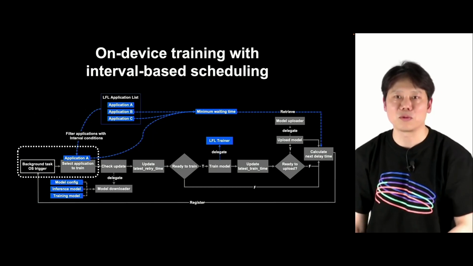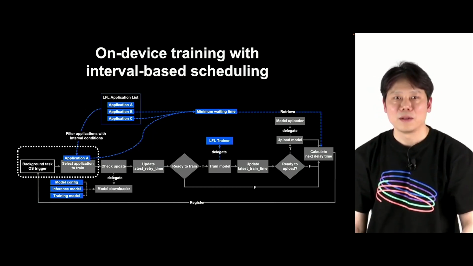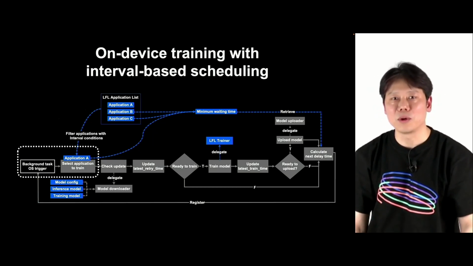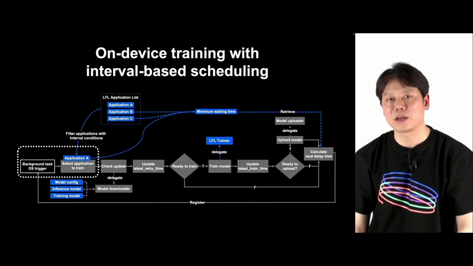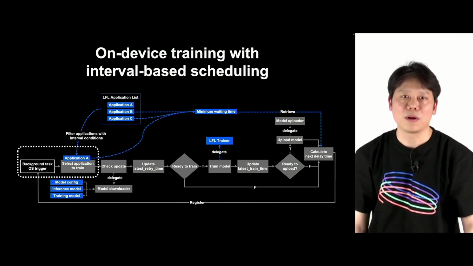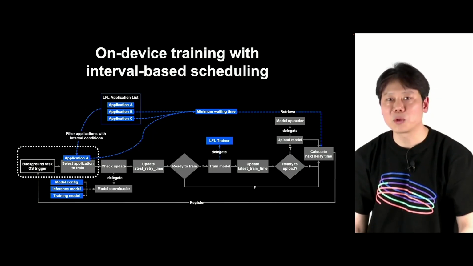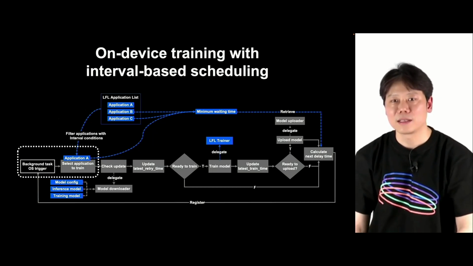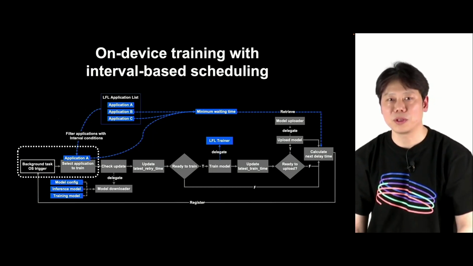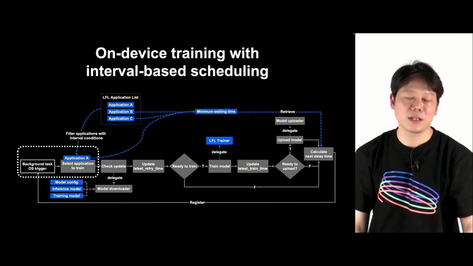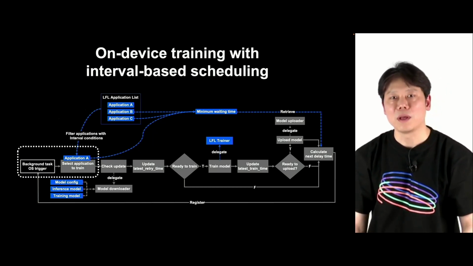Now let's look at how we create and process model learning through interval-based scheduling. First, the OS API is used to start the background process, and the application filters the interval conditions and chooses the applications to learn.